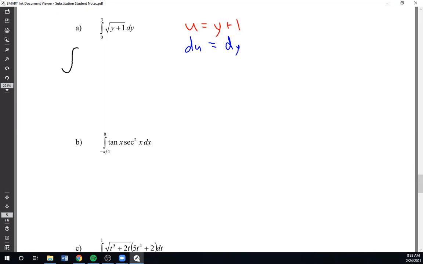Integral. Instead of y plus 1, we have u, and instead of dy, we have du.